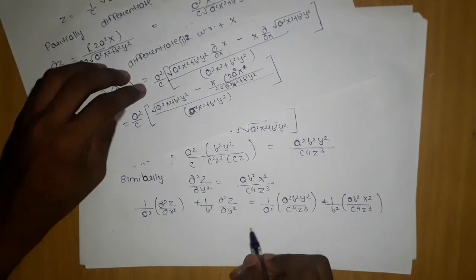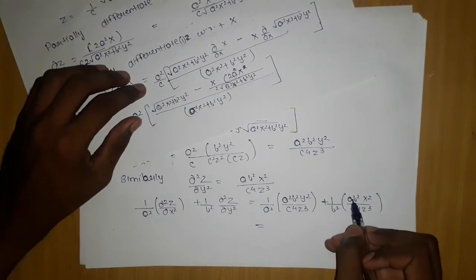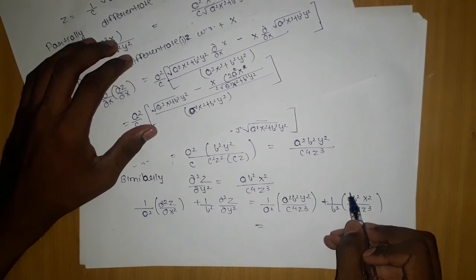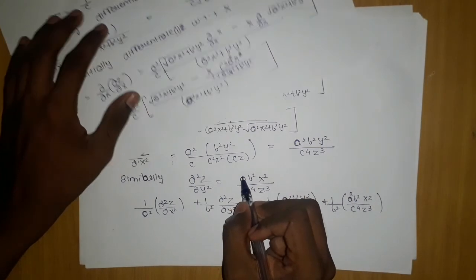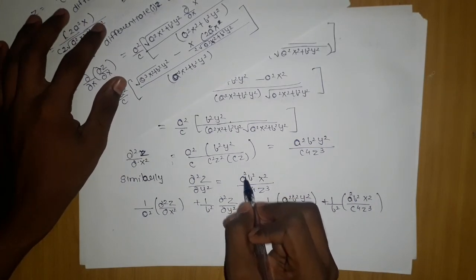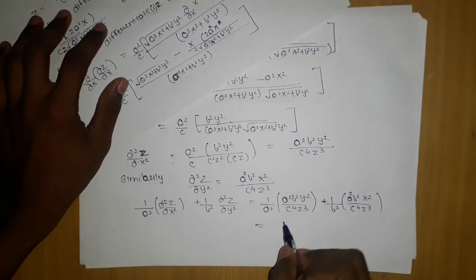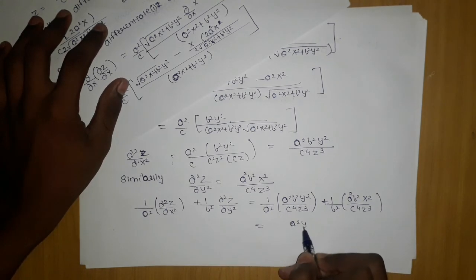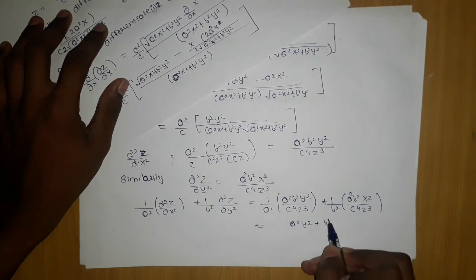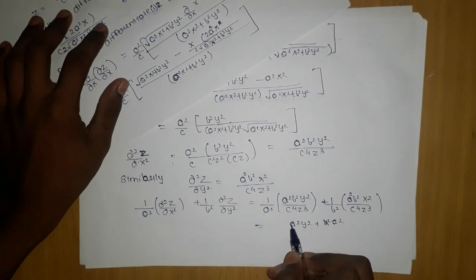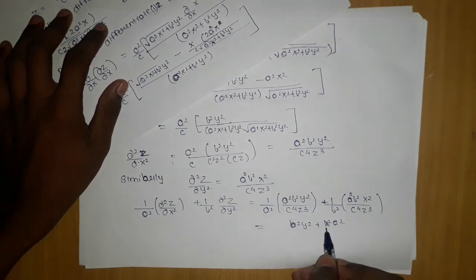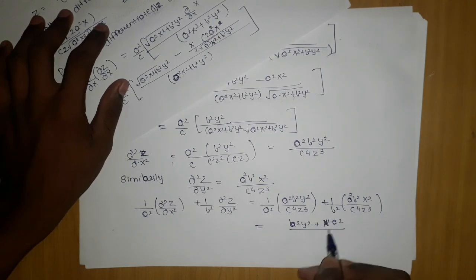A will cancel out. We are left with a square, a square, it will be a square. Here a square will cancel out, here b square will cancel out. We are left with a square, y square, b square, sorry, x square, a square, b square, y square, x square, a square, with base same as z cube.